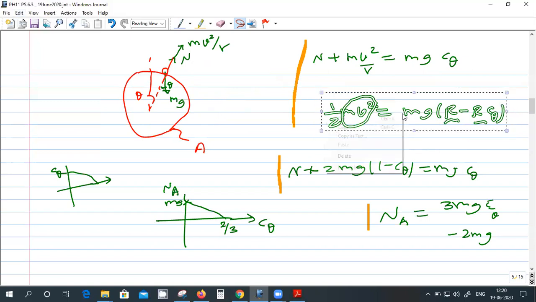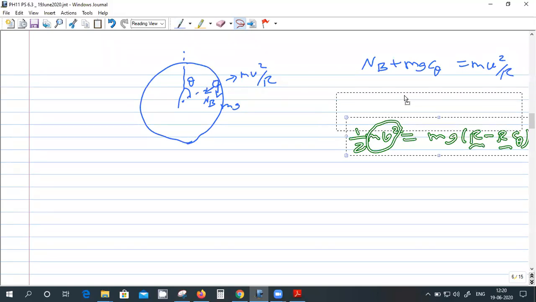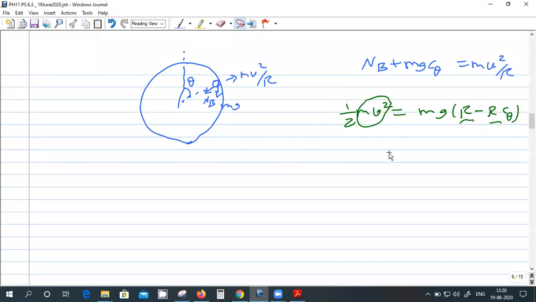So in energy conservation, the loss in height will give the gain in velocity. Again, mv square by R you can write. So N_B plus mg, with mv square by R being 2mg into 1 minus cos theta, right?